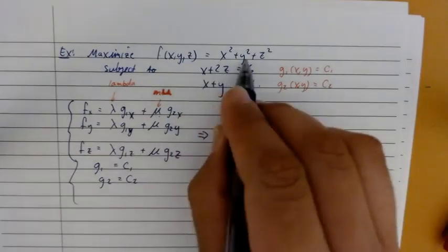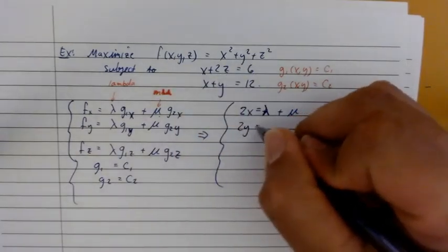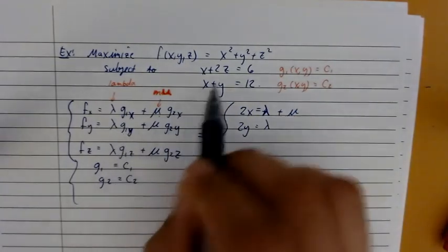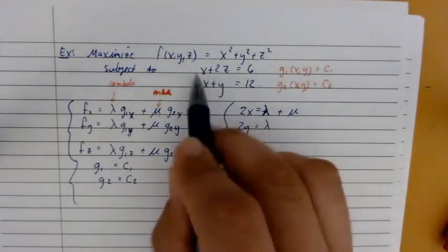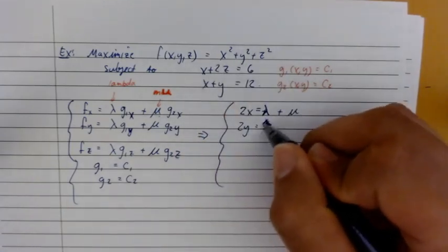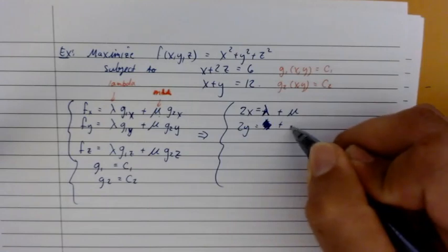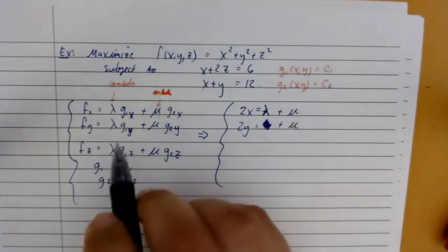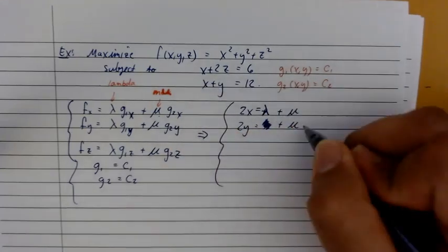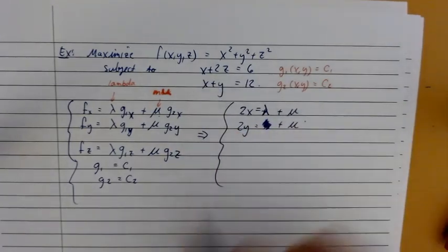Now the derivative of f with respect to y is 2y, equals mu times the derivative of the second one with respect to y, which is 1. The first one's derivative with respect to y is 0, so I won't write it.